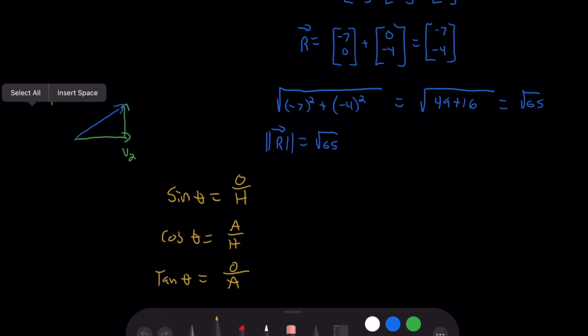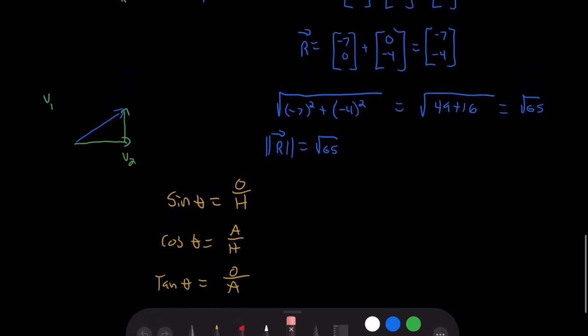So if we look at this triangle we have here, we have theta, our opposite, our adjacent, and our hypotenuse.